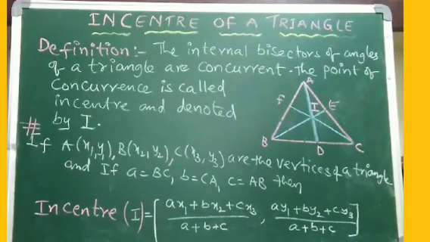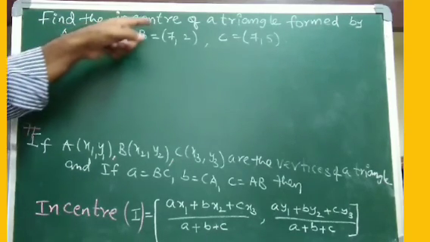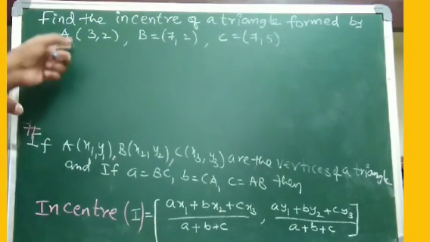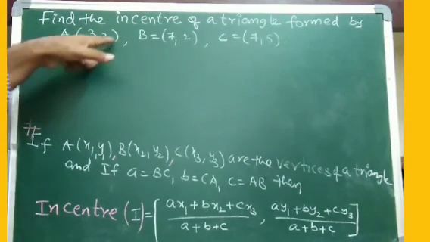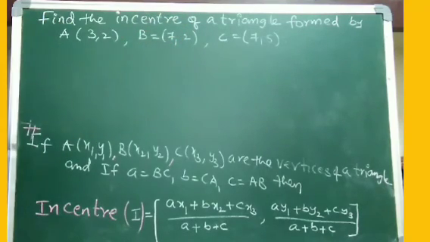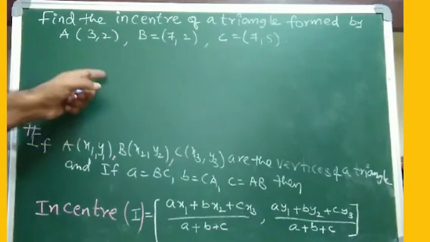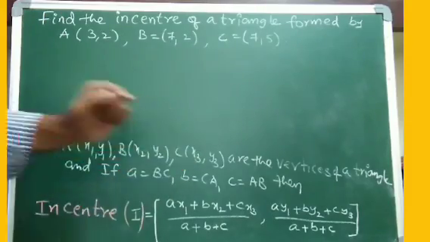So let us discuss one problem based on this. Find the incenter of a triangle formed by the points A (3,2), B (7,2), and C (7,5). First, to find the incenter, we need to find the lengths of the sides.